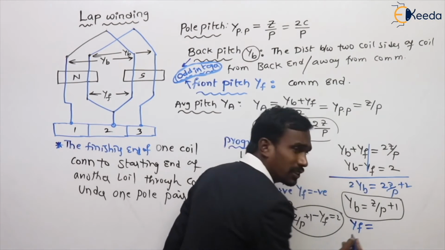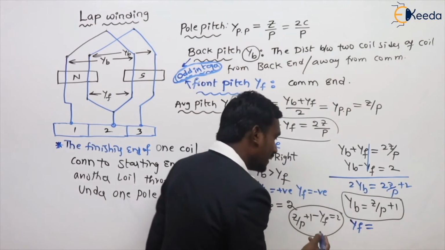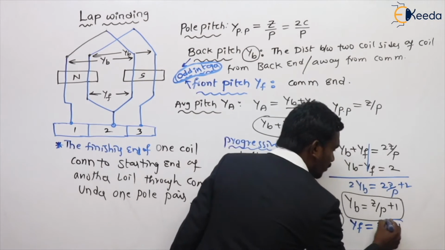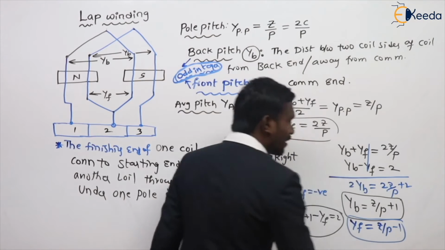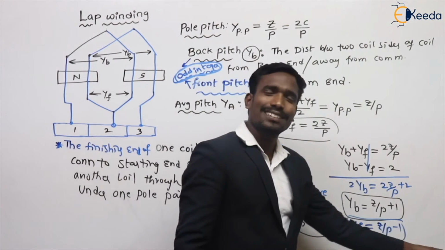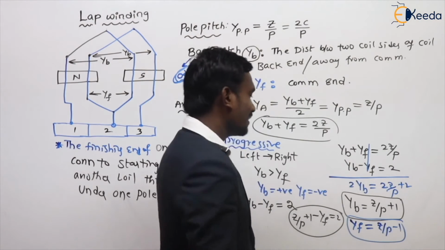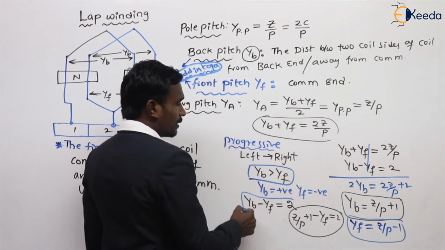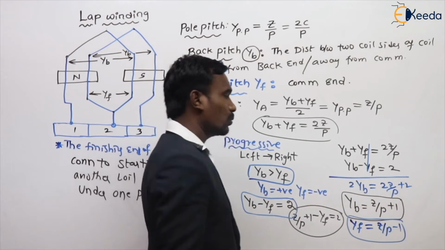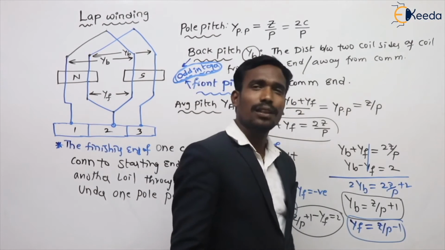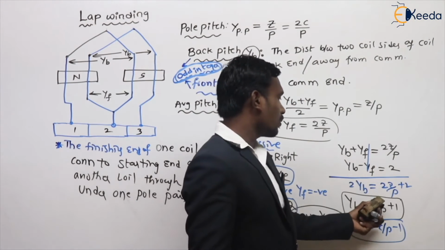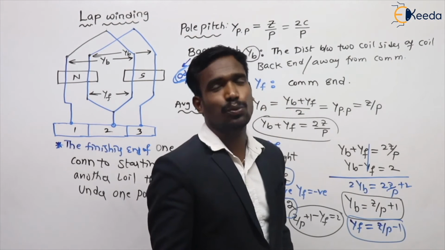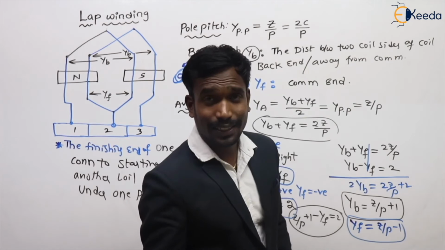YF is equal to Z by P minus 1, because even number minus 1 is equal to odd number. I said YB is greater than YF, and the difference between the two is equal to 2. So YB is equal to Z by P plus 1 and YF is equal to Z by P minus 1. Are you getting it or not?